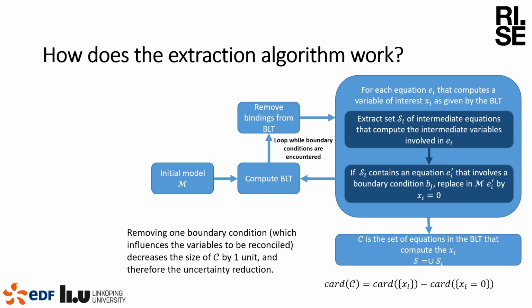Set C is the auxiliary condition equations that compute the variables to be reconciled, and set S contains the intermediate equations which compute the intermediate variables in set C. Removing one boundary condition which influences the variables to be reconciled decreases the size of set C by 1 unit, and therefore the uncertainty reduction.